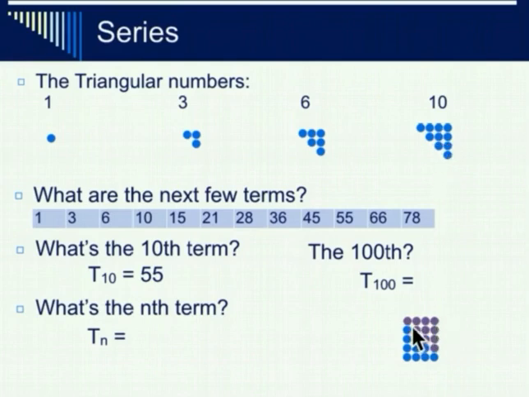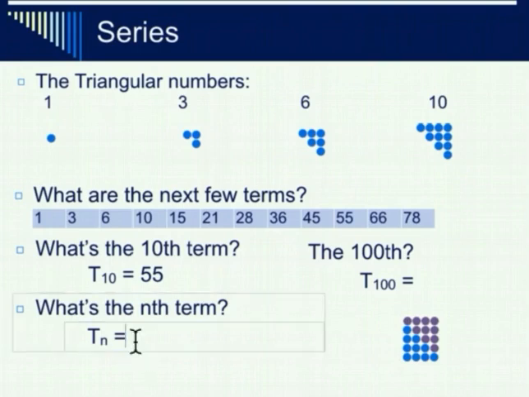And in general, the nth number would have a width of n. And its height is 4 plus 1, or in general, n plus 1. I could find the area of that rectangle by simply taking n and multiplying it by n plus 1. Unfortunately, that would be twice the number I'm interested in, but that's easy enough to fix. We'll just divide by 2.